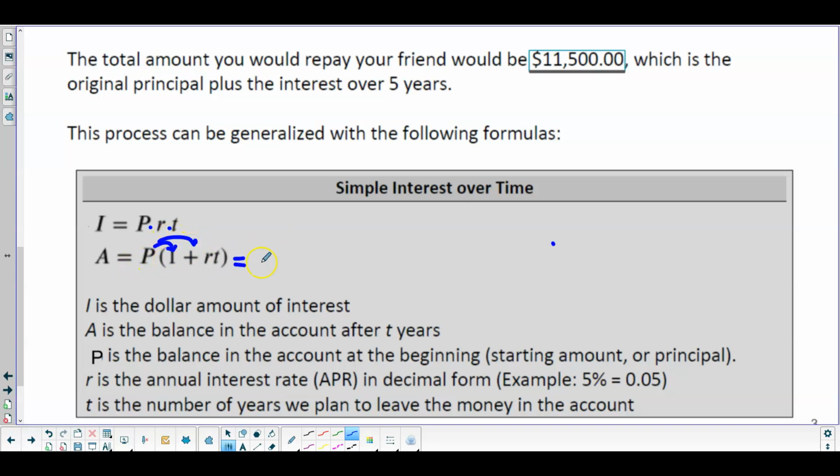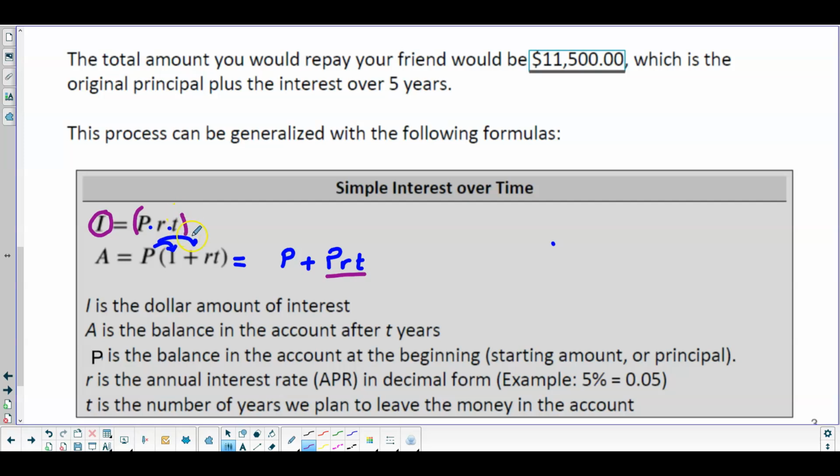If I multiply P times 1, well, that's just P. And then P times these two, your rate and time, well, that's going to be plus P times R times T. And if you look at it, that is basically what the formula for interest is.